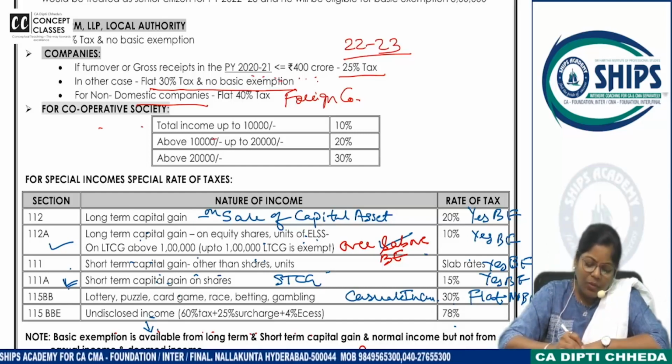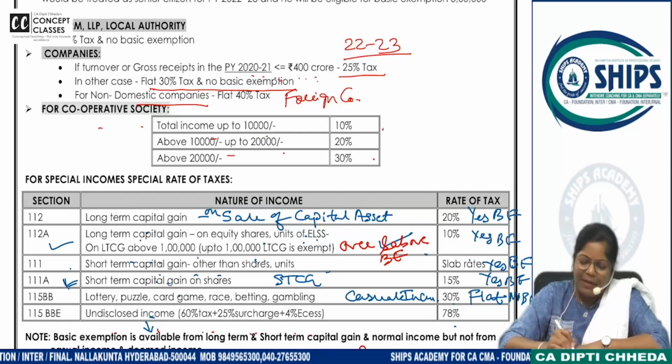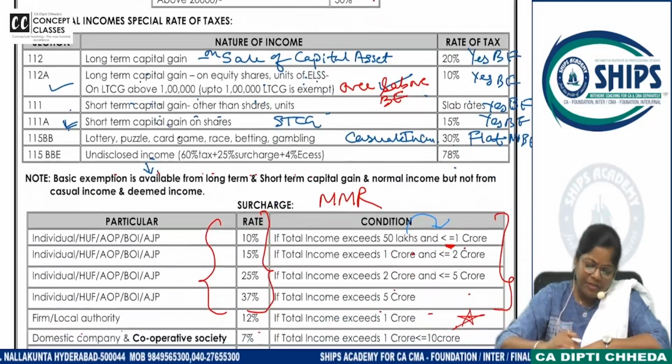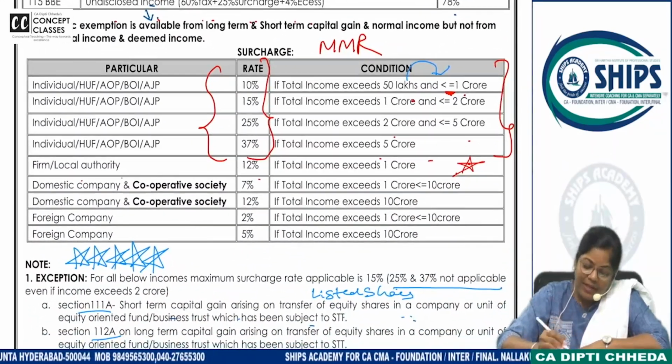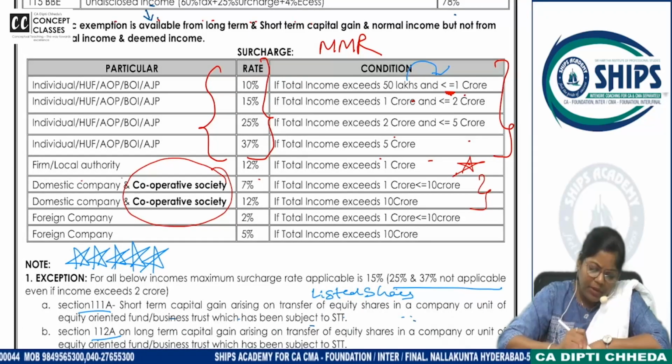So what will be the tax on total income up to 10,000? 10%. 10,000 to 20,000? 20%. And 20,000 and above? 30%. Okay? This is the way for cooperative society, not asked much. Now, important change, that's why I have put it in bold.